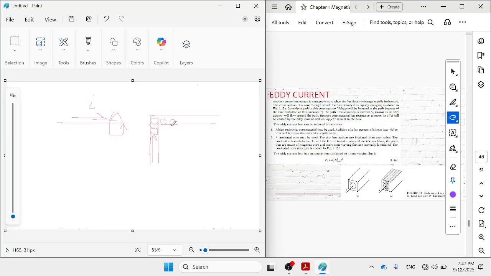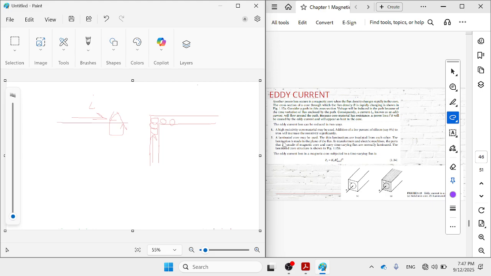This rotation is some of the losses, and it can make the core of the transformer or other electrical machine hot, and these are unwanted losses.